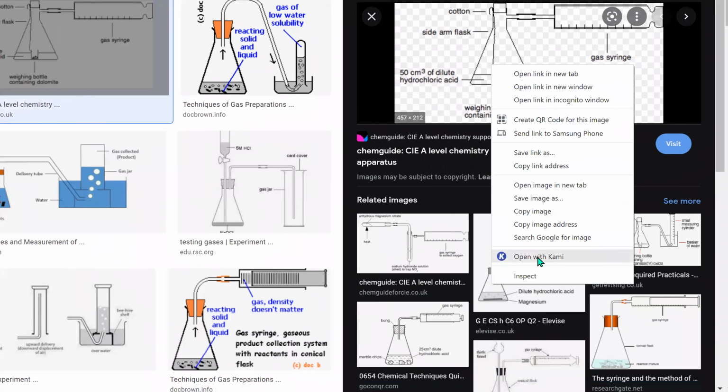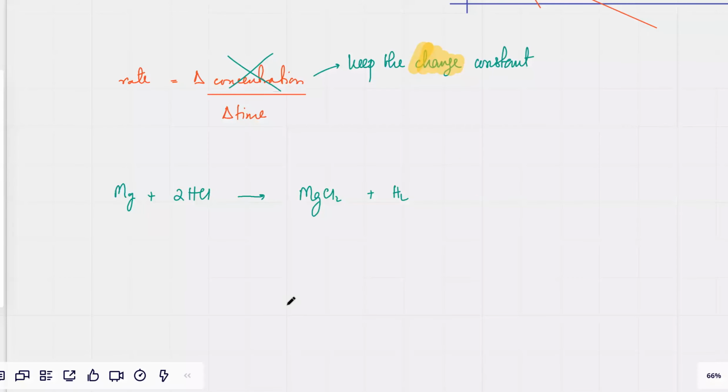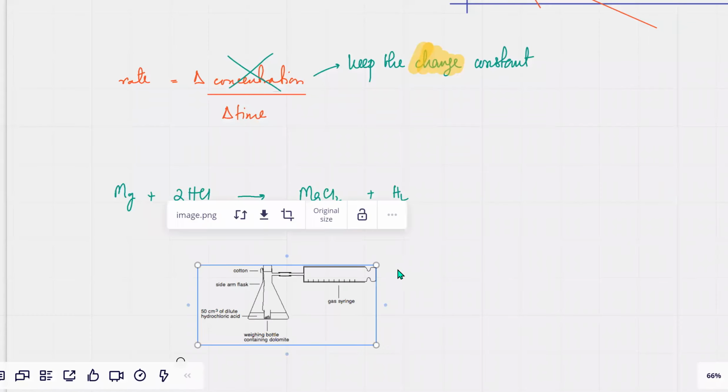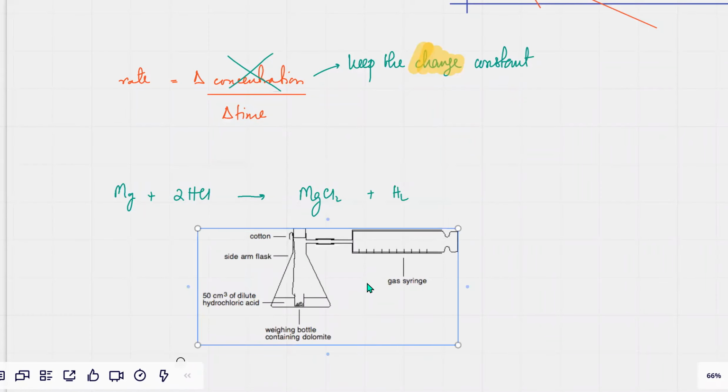I'll just copy it. I can add Mg to HCl. Imagine this is Mg, in the test tube over here, and there's HCl. I add Mg to HCl, and all of a sudden H2 gas bubbles are formed.